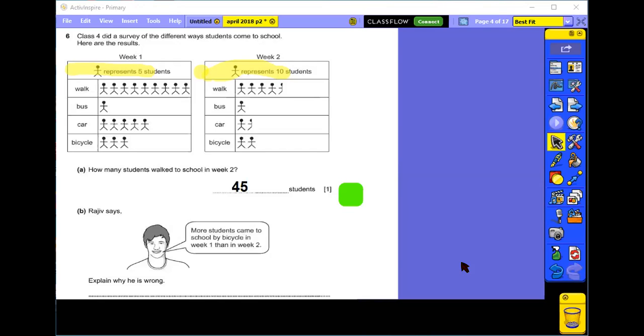And week 2? Week 2 is 20. So this means week 1 equals 15, the drawing represents 15, and week 2 represents 20. So that's why week 2 is bigger than week 1, not the opposite. Good job. Thank you.